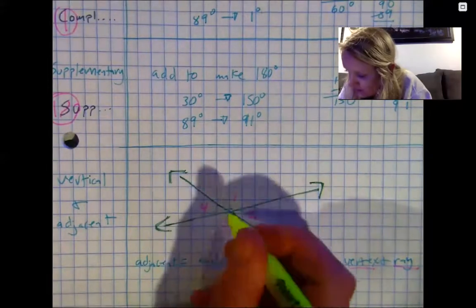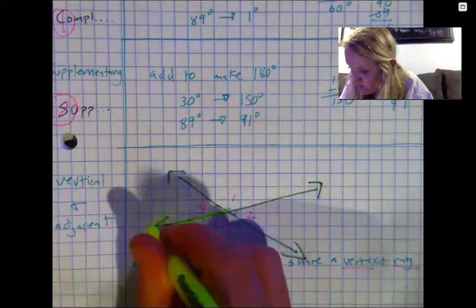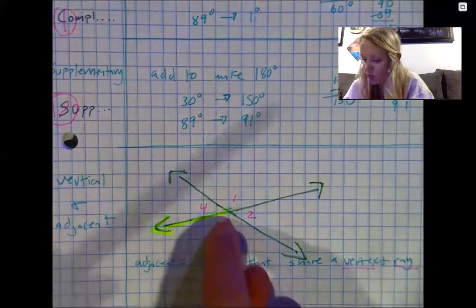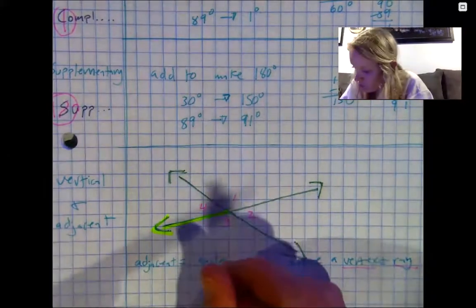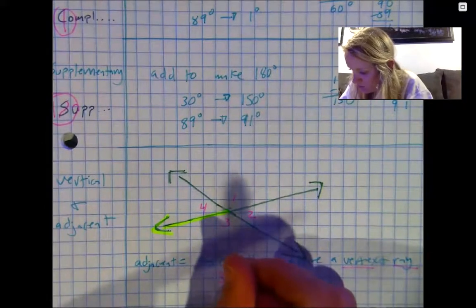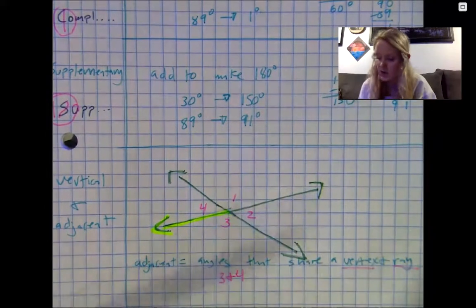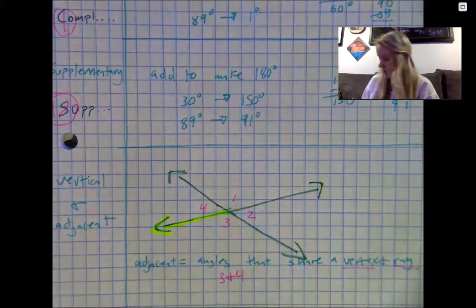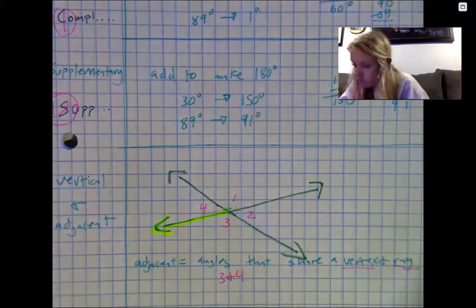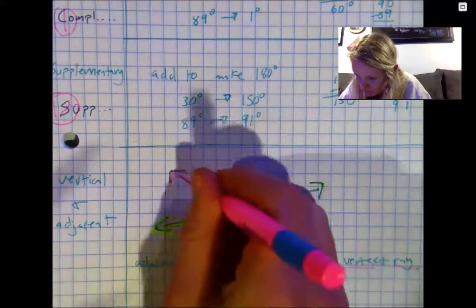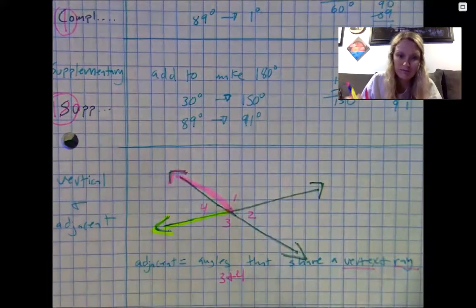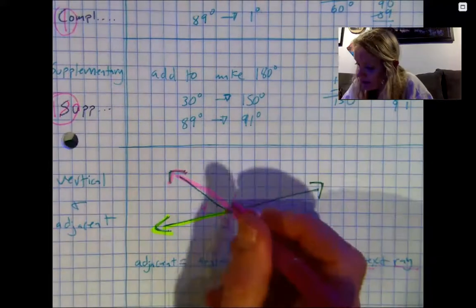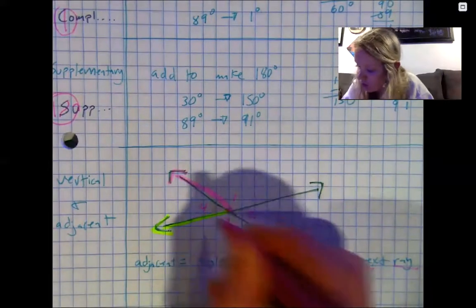So this right here is shared by 3 and 4. So 3 and 4, that's an and sign. 3 and 4 are adjacent angles. Let's see another one. 1 and 4 share a vertex and share a ray.